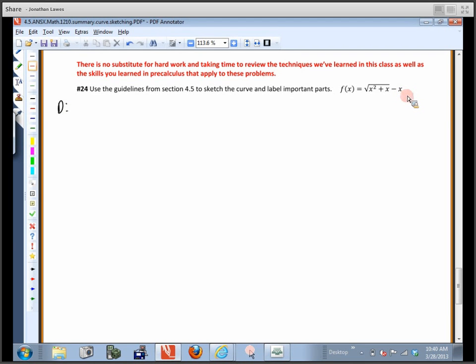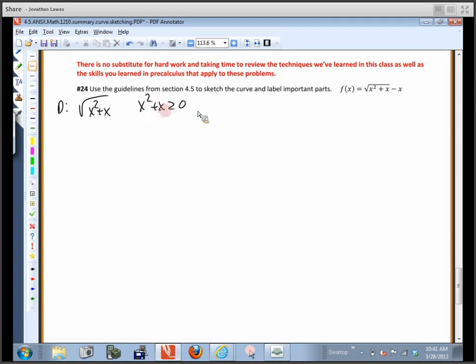The x doesn't have any domain issues. The problem is what's underneath the square root. So for the square root of x squared plus x, you've got to make sure that it is greater than or equal to 0. This is a problem that you learn how to do in 1010 and 1050.